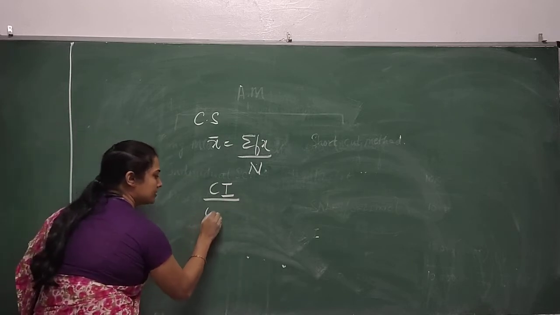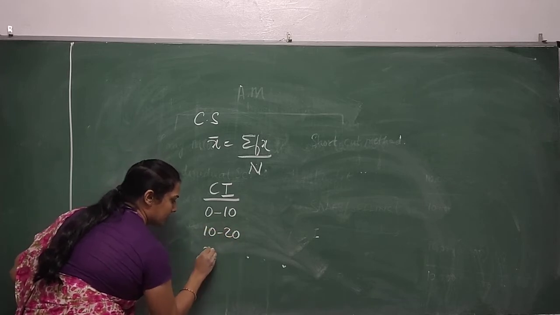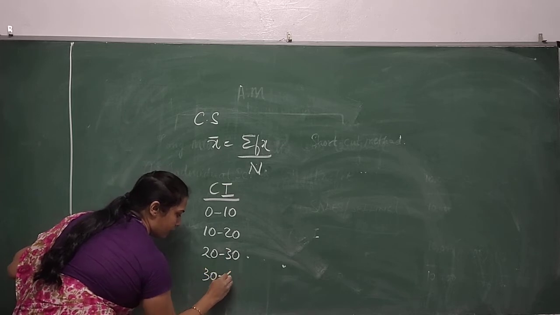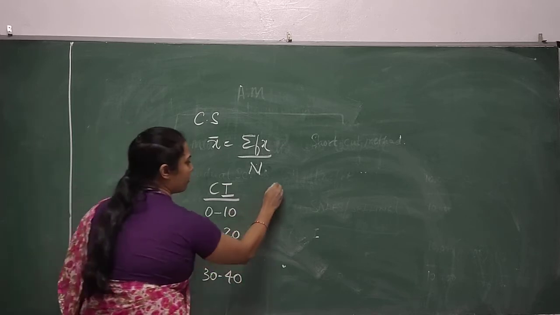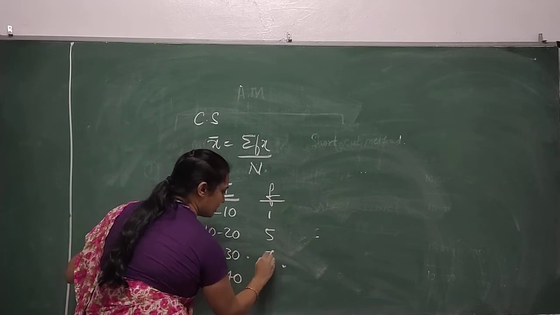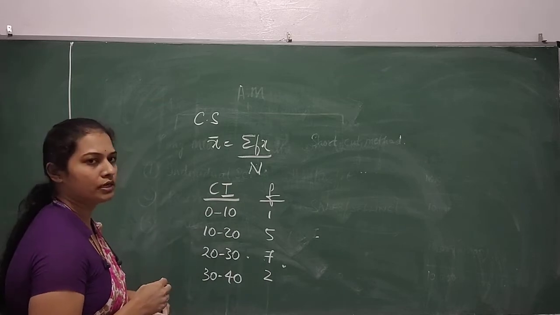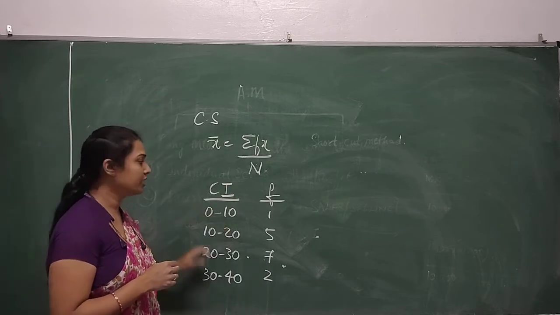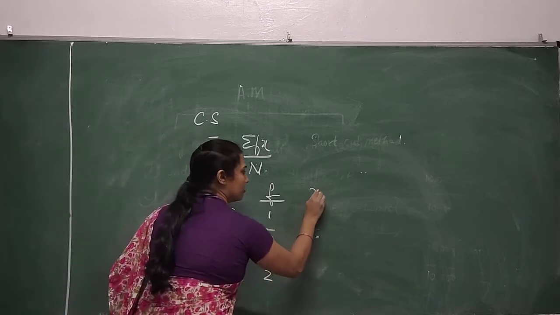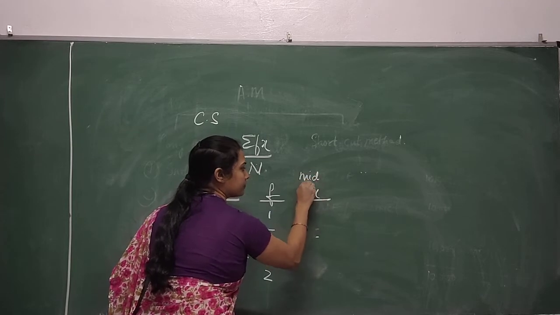For example, 0 to 10, 10 to 20, 20 to 30, 30 to 40, and if your frequency is 1, 5, 7, 2, the first thing you will find out is x, that is the whole number. That's the reason you will take a midpoint.